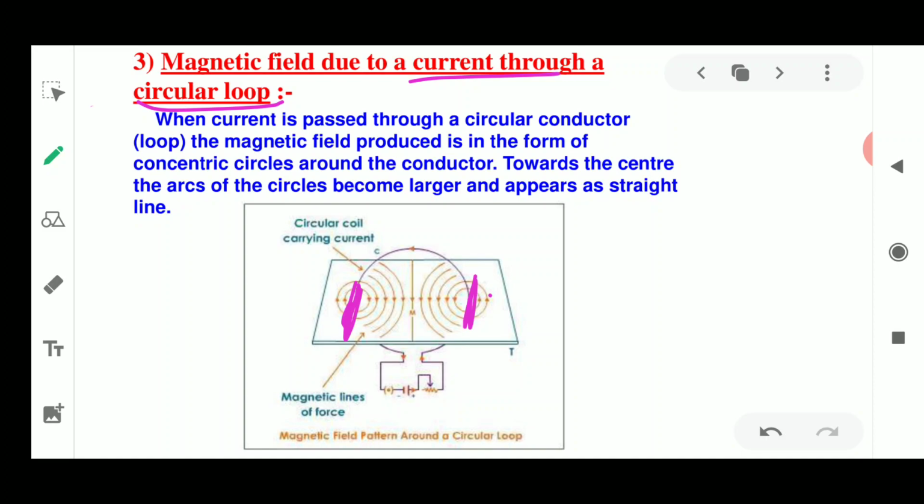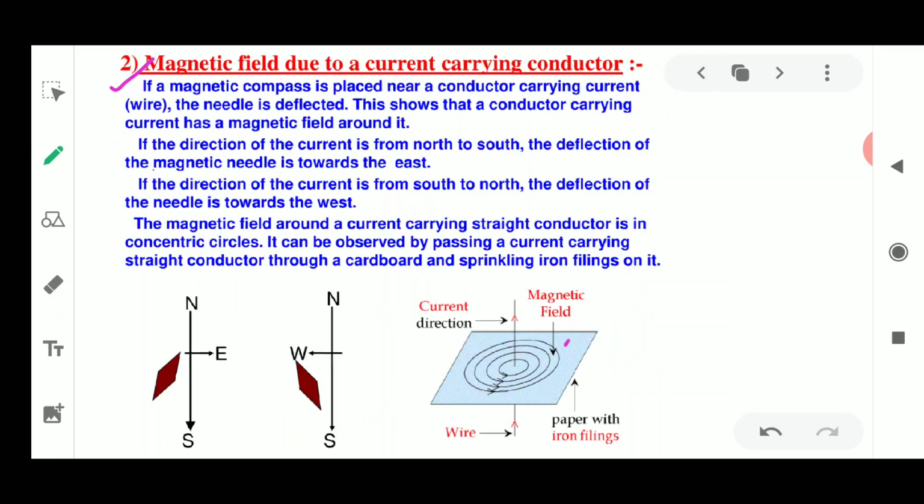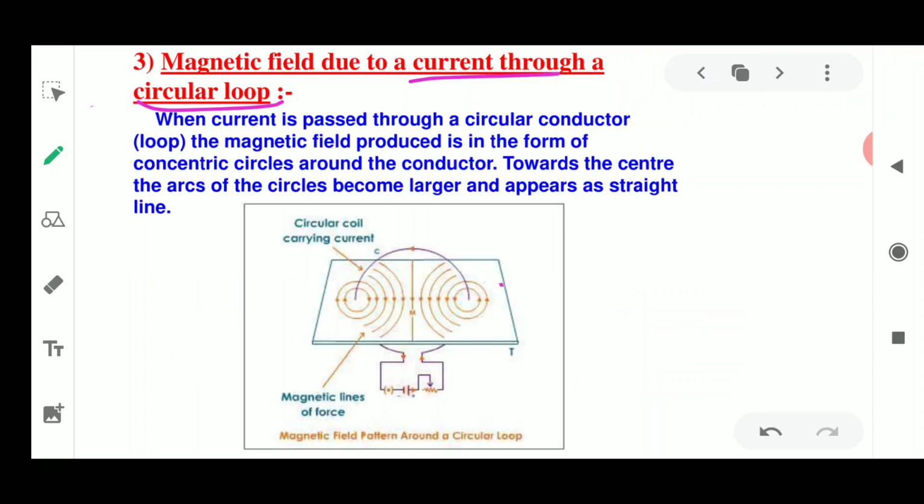So you will see concentric circles near the wire. Why are you seeing the concentric circles near the wire? As it is acting as a straight current carrying conductor, the same concentric rings as we were obtaining here will be shown at both the ends of the wire.